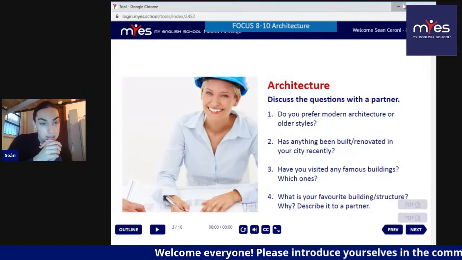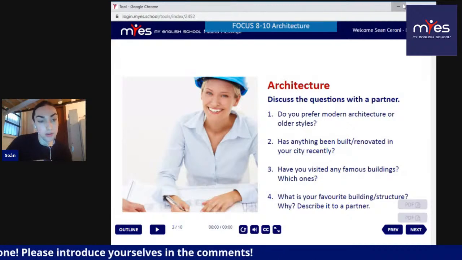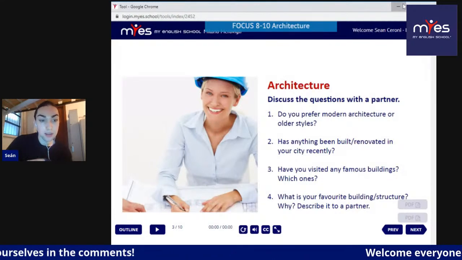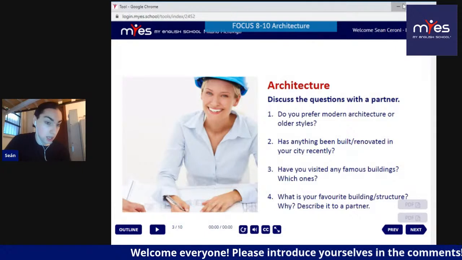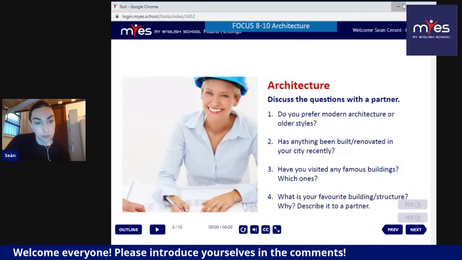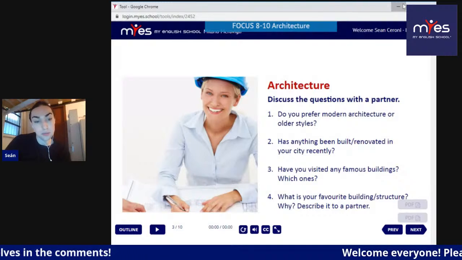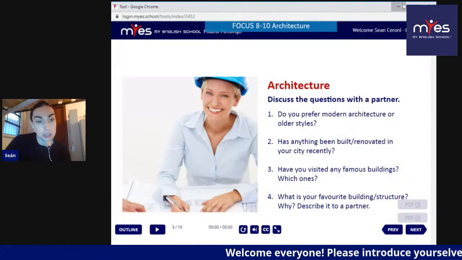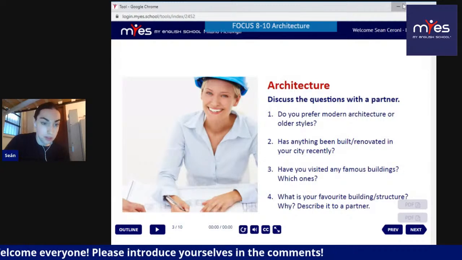For me, this is a difficult question to answer. For me, it really depends on the building, depends on the architect. It depends because I think every style has very beautiful examples. I can think of beautiful medieval buildings, beautiful classical buildings, and beautiful modern buildings. I really don't have a preference.